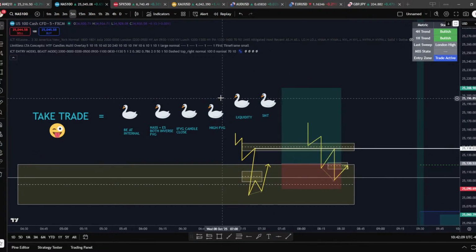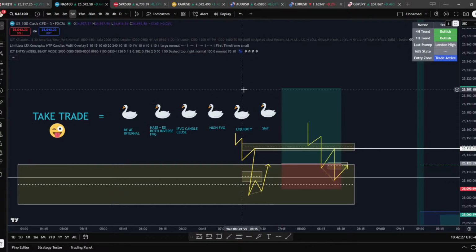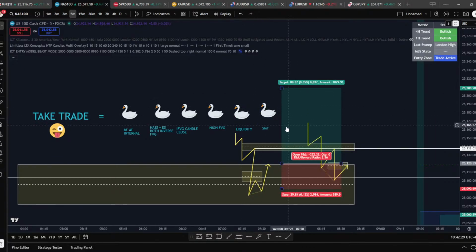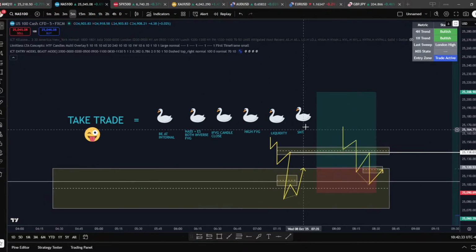The more ducks that are not in a row, the lower the percentage is for you winning this trade. It's that simple. You start off with the high percentage, okay, and I'm not going to say 100%. Let's call it 80%. Let's say 80%, okay?